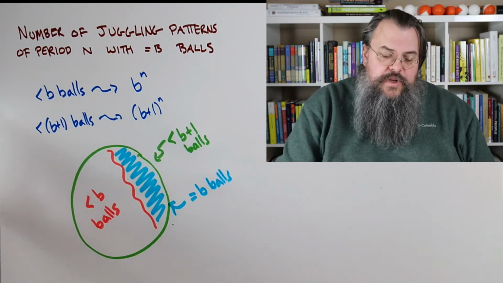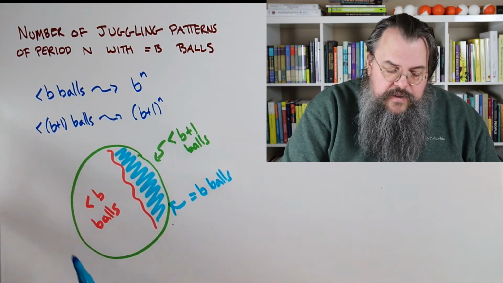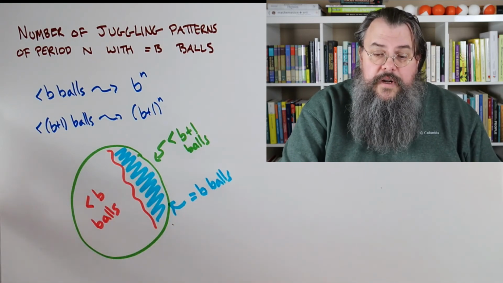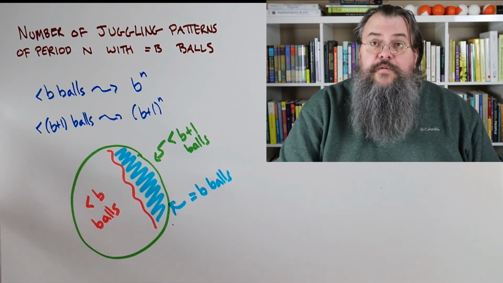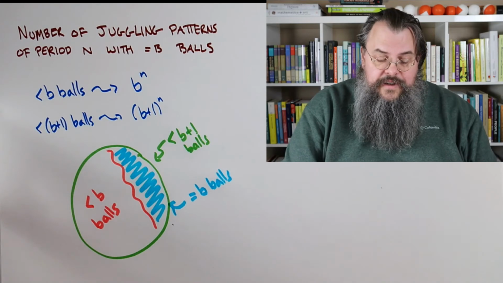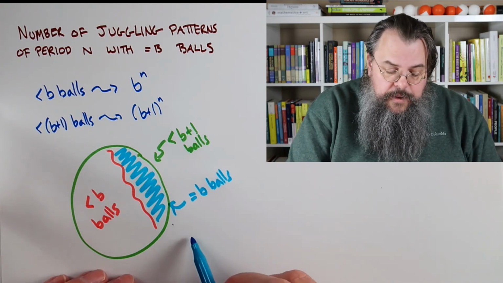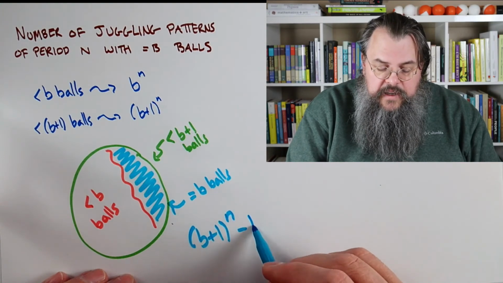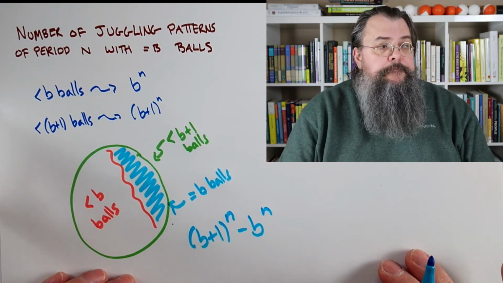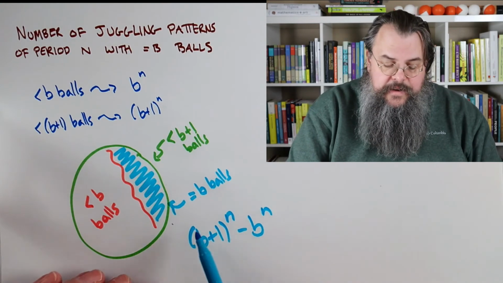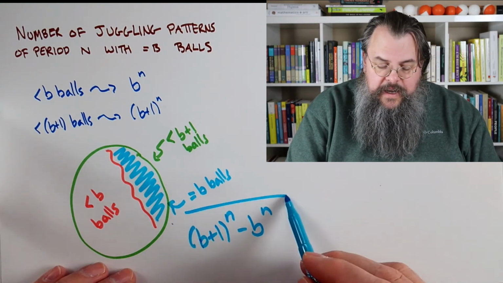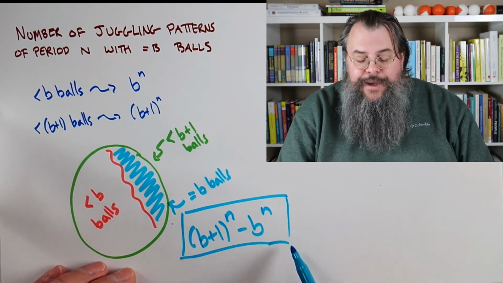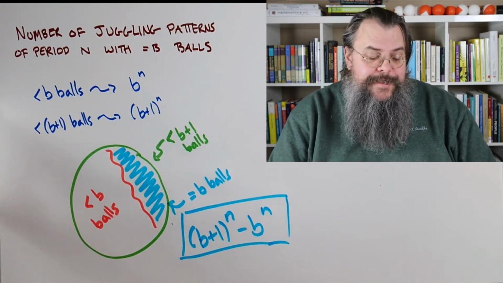Then what we need to do is take all the patterns with less than b plus 1, subtract all the patterns with less than b, and that's the answer. And so we end up with b plus 1 to the n minus b to the n. And there's our answer. All right. Maybe not quite as beautiful, but still pretty nice.